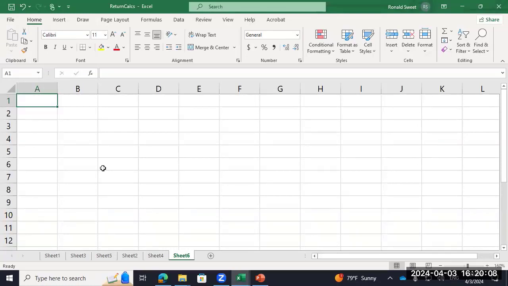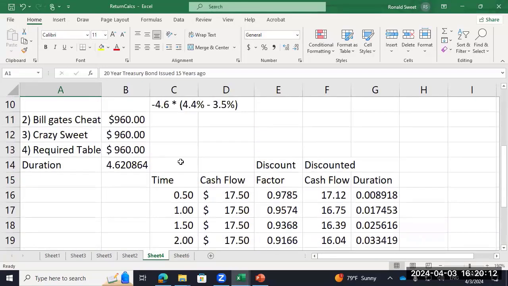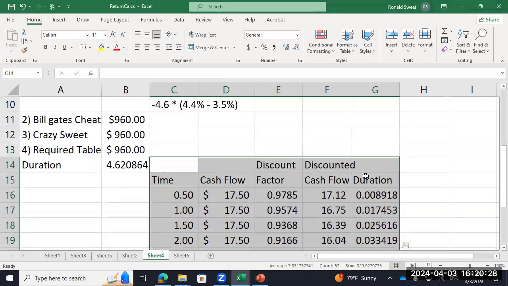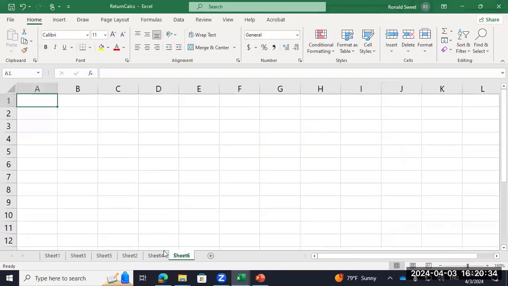Someone was asking, why am I making you do the table? It's because I want you to see what the calculator is doing. It's extremely important to me that you can visualize what the calculations are, that you're not black boxing, just sticking stuff into a formula. You've got to picture what these formulas are doing. Plus, you can't calculate duration if you don't do this. You have to have all of this data.